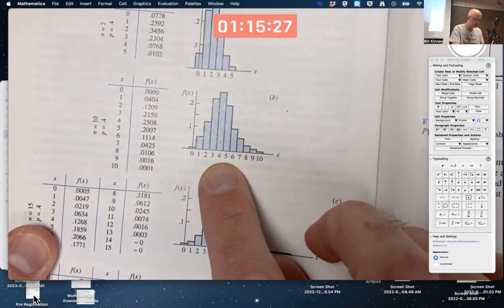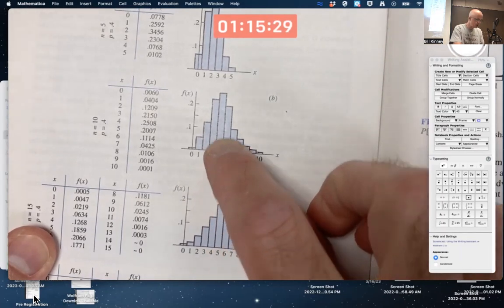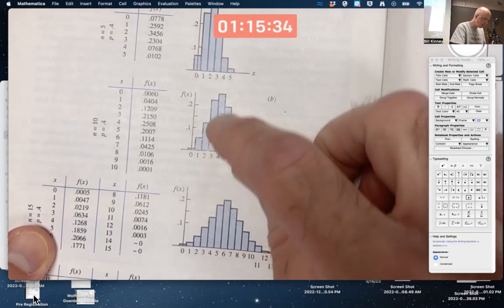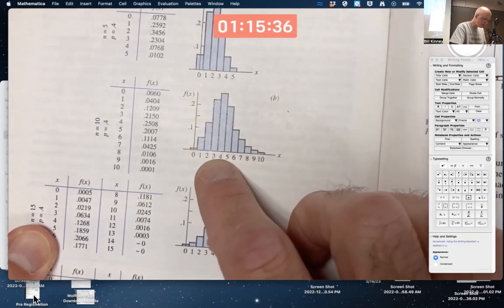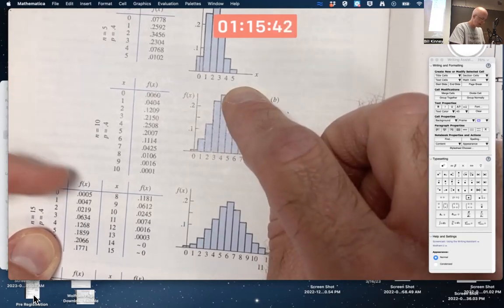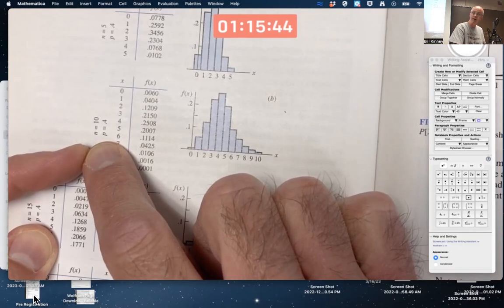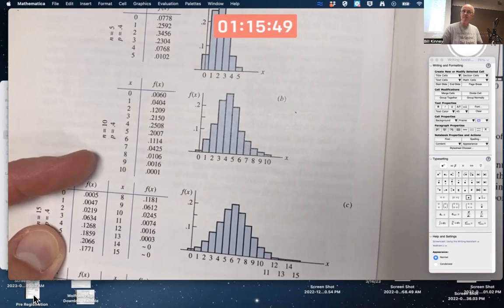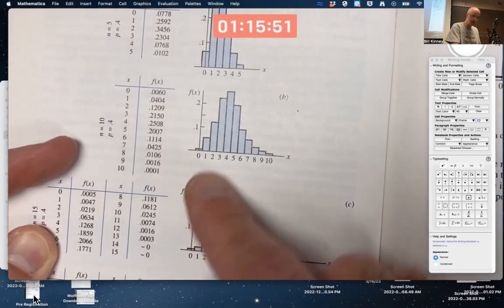So for example, this one, the height of this, no, it's not the height. Okay, no, it is the height, because the base is 1. The height of that one is close to 0.25. So for this example, the probability that the binomial random variable equals 4 is close to 0.25. N is 10 and P is 0.4. If you make it as a bar chart here, it looks kind of like a normal curve.